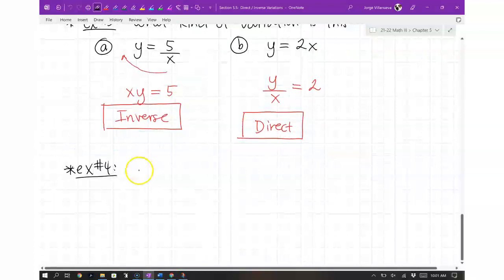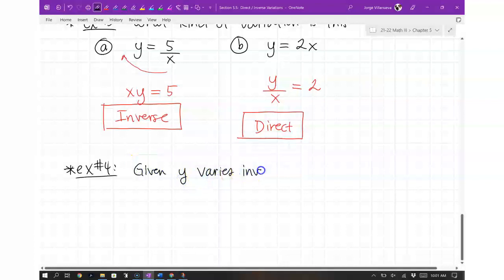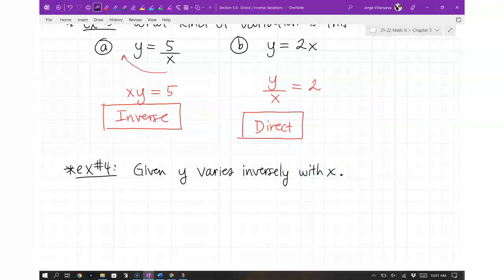Okay, so given y varies inversely with x. Now, what they're basically saying here is we're going to be using inverse variation. That's what that first sentence says. Given that y varies inversely with x, so we're going to do inverse variation.